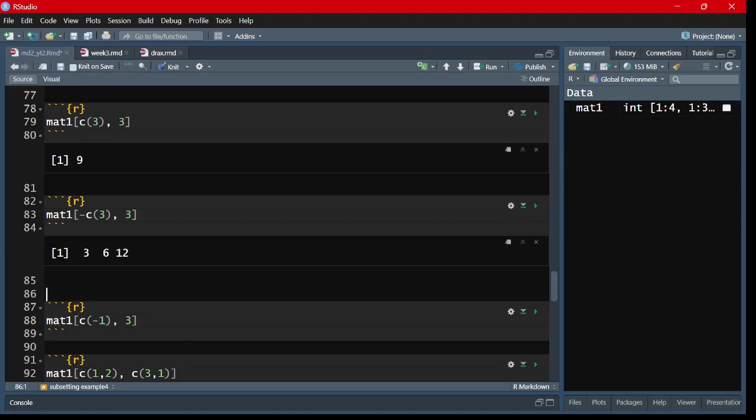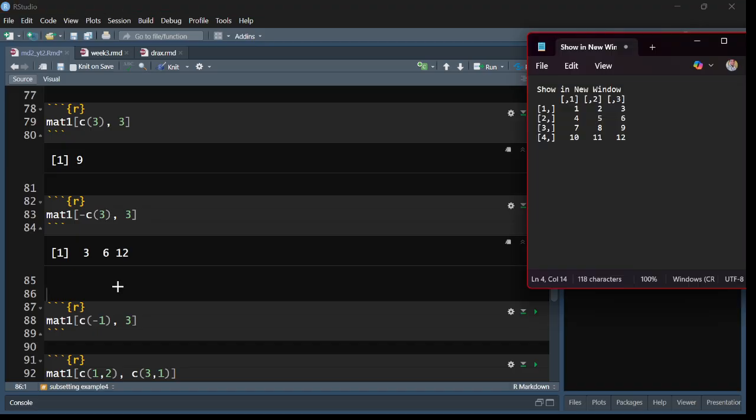Yeah, we have some values for this thing, minus of 3 and 3. So we have one output, that is 3, 6 and 12. It is very interesting to see that we are having this 3, 6 and 12. All of this output is from the third column.